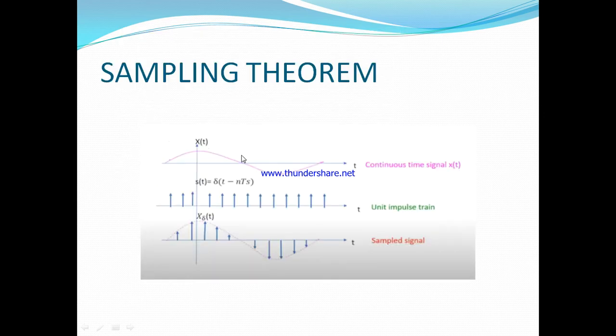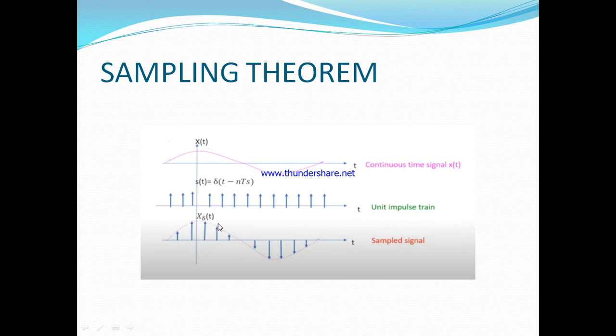Next, it's a diagrammatic representation of the sampling theorem. Here is the continuous time signal, having amplitude and time. Again, this is a unit impulse train. The unit impulse train or the sampling function is indicated by s of t equal to delta of t minus n times Ts.